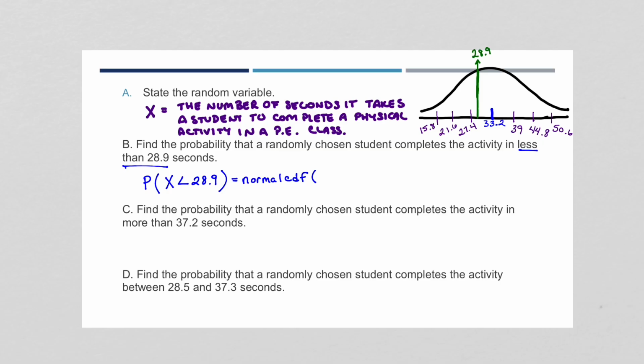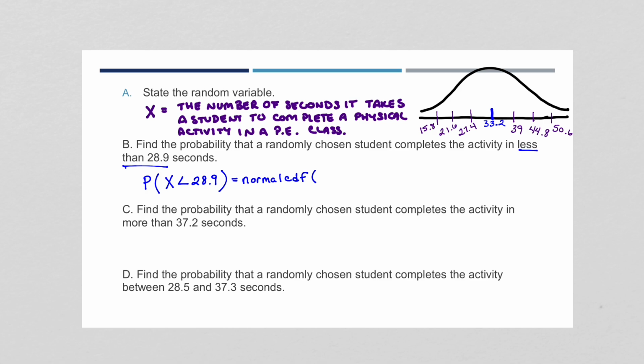So ask yourself, which side should you be shading? And hopefully you're saying, well, we would shade to the left. So we would have something like this. Make sure that you have that cleared up or written down, because I'm about to clear it. So pause your video if you need to, but I am going to clear this so that I can keep using this bell shape for the next 2.